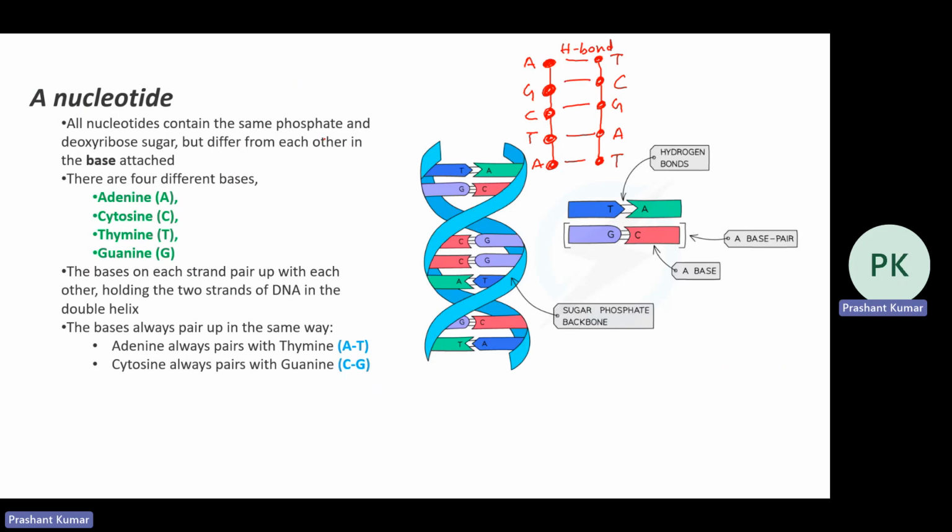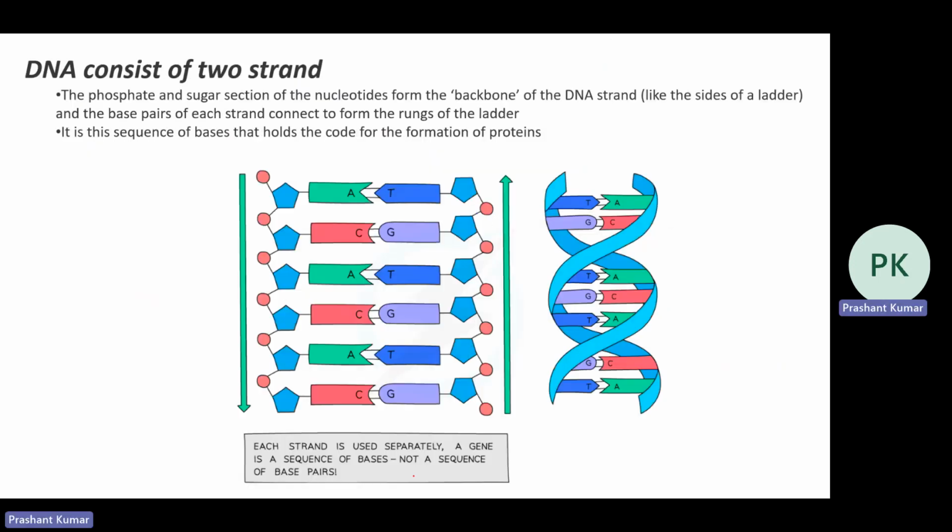So all nucleotides contain the same phosphate and sugar molecule. The only difference is the base. The base sequence will decide the protein which is going to form in the cell. So always remember, the pairing of adenine is always with thymine and cytosine is always with guanine. And then later on the structure will get twisted like this to form the helix structure, the helical form.